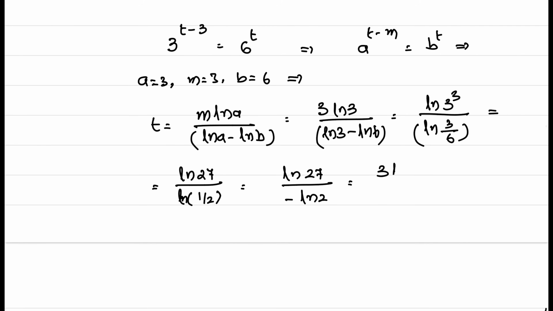That is 3 into ln 3 by minus ln 2, that is equal to minus 3 ln 3 by ln 2.